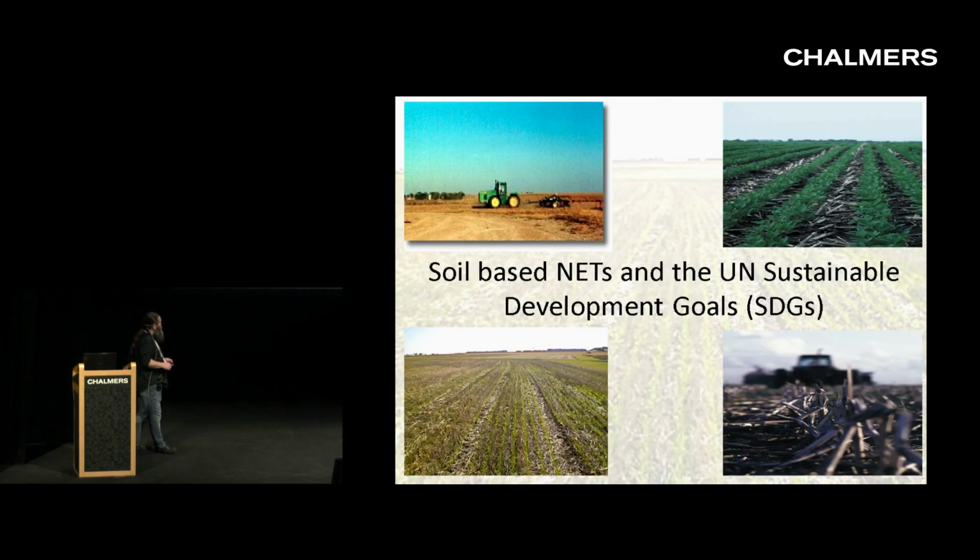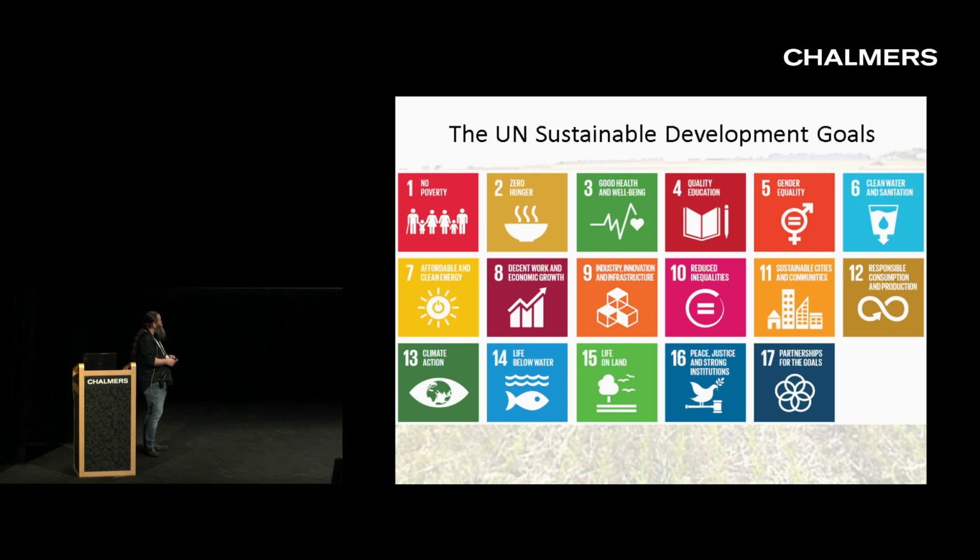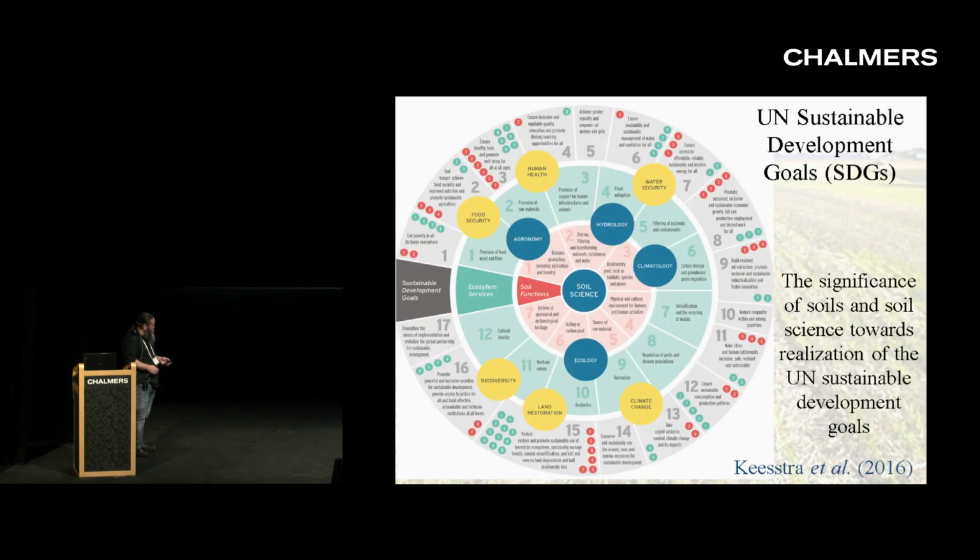So those co-benefits require slightly more time, a slightly bigger examination. We've got all these Sustainable Development Goals which we want to meet. And Saskia Keesstra and colleagues put together this way of conceptualizing where soils fit into the Sustainable Development Goals issue. So we decided we're going to write a review paper looking at soils and the Sustainable Development Goals.